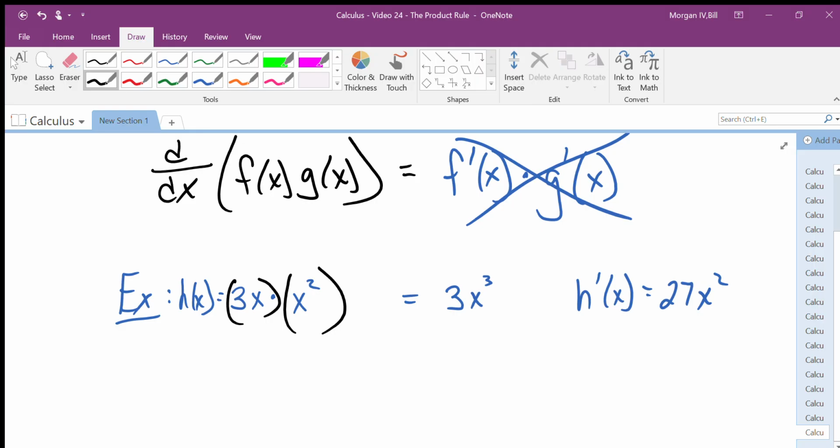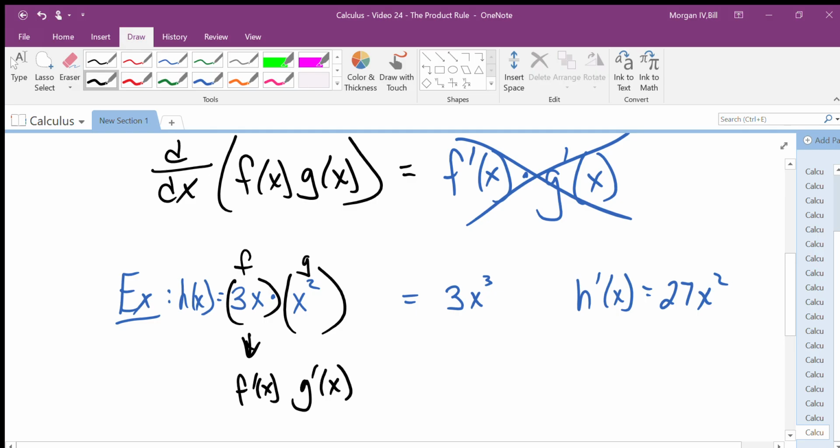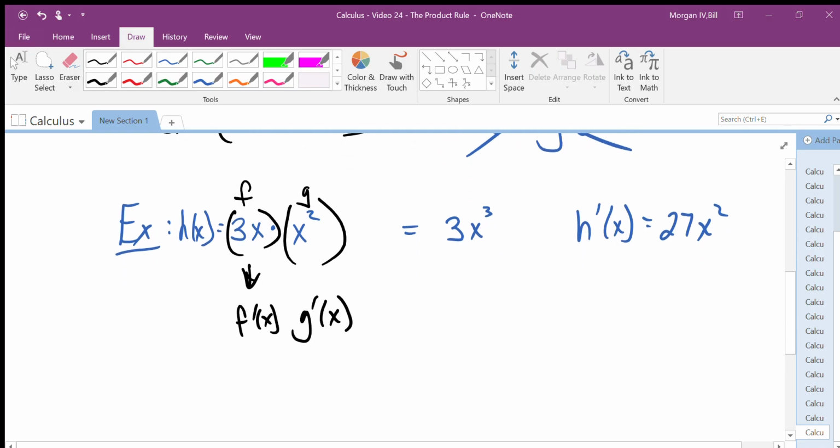Because the derivative of h of x is 9x squared. And if we try to call the 3x the f function and the x squared the g function, and just do f prime of x times g prime of x, we will see that we do not get the same thing.